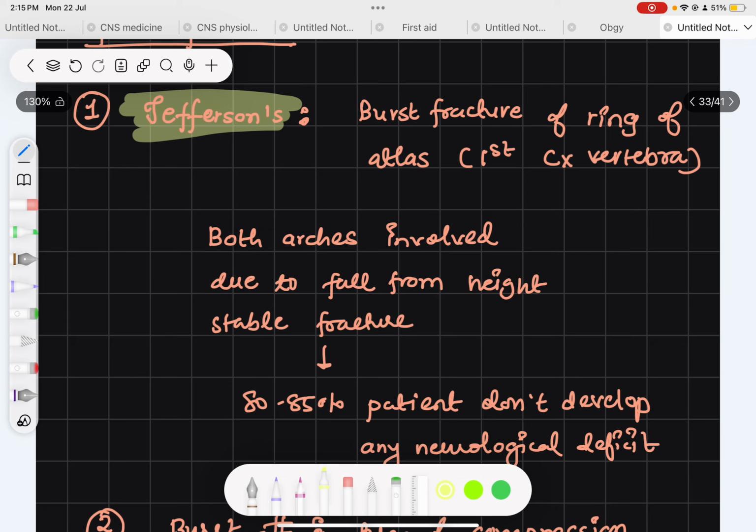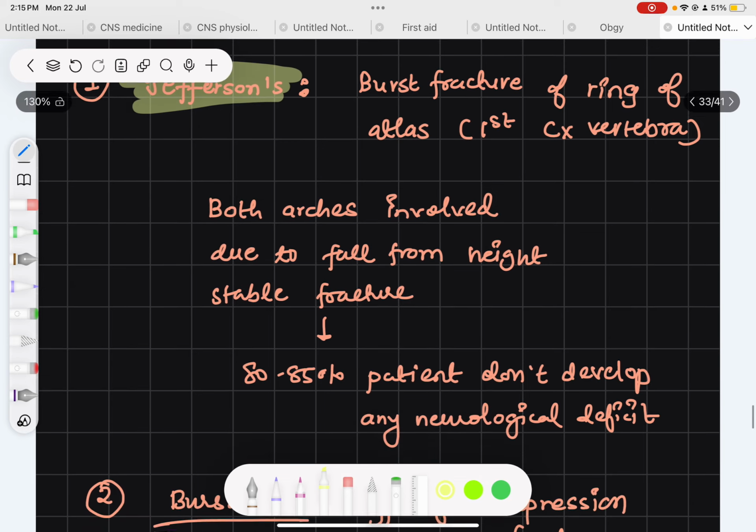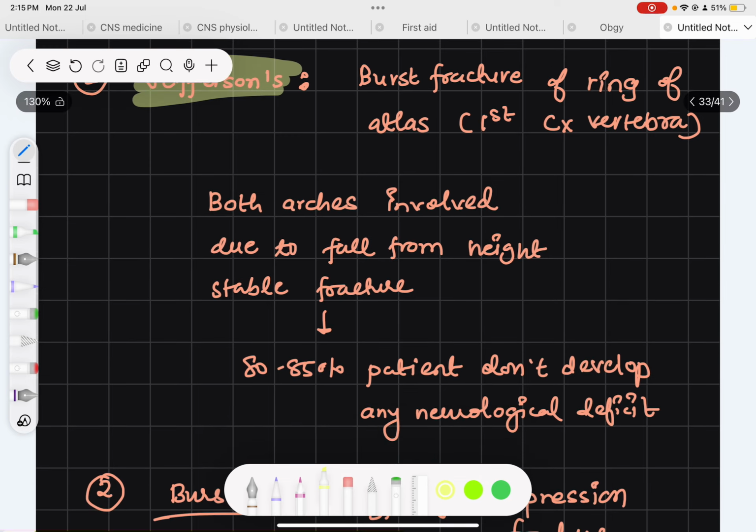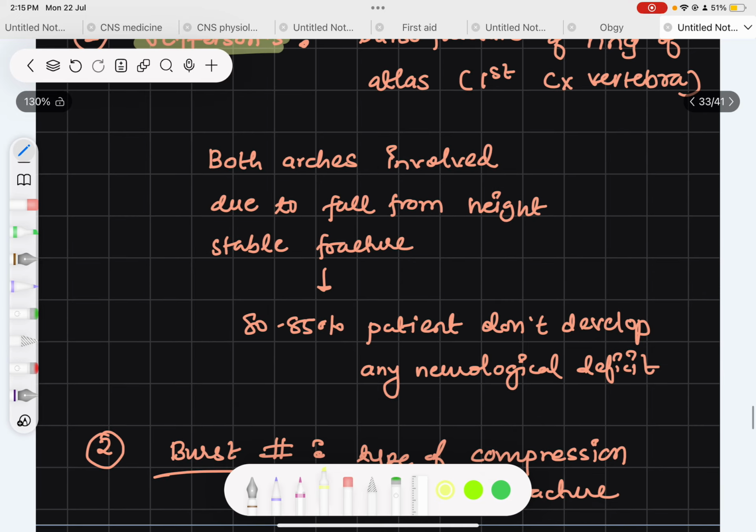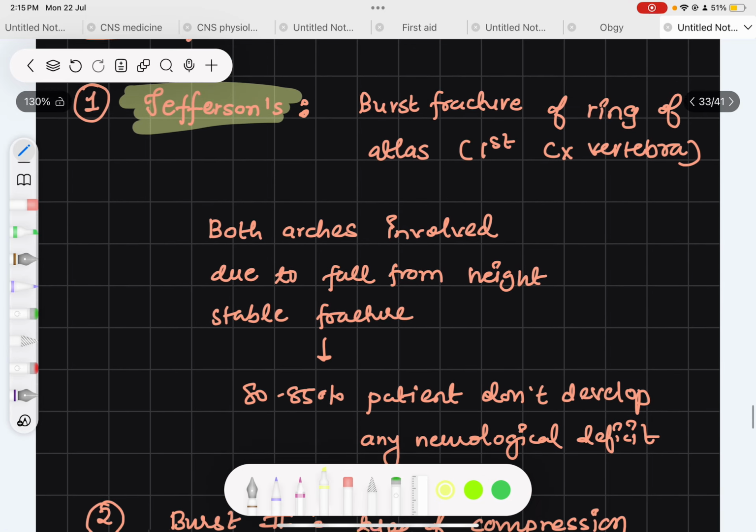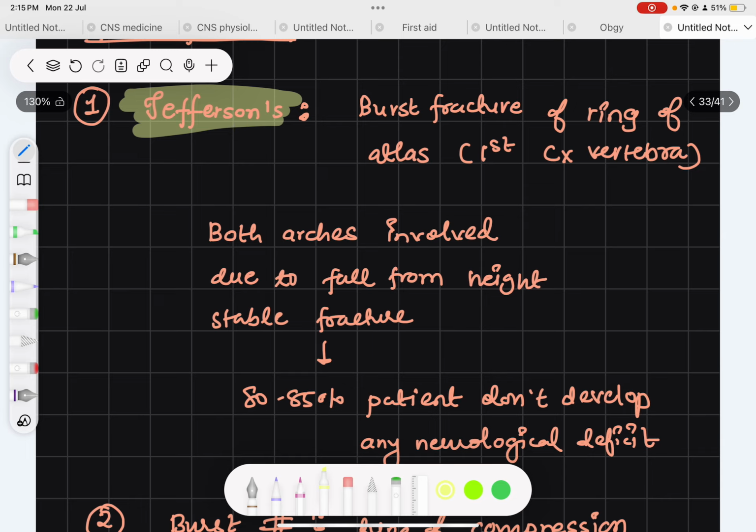So Jefferson is a burst fracture of the ring of atlas. Both arches are involved due to a fall from a height. So at this level I am going to remember that Jefferson is due to a fall from a height mainly. That mechanism I have to remember.